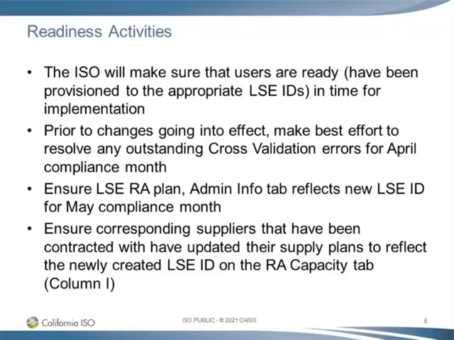And also to make sure that those corresponding suppliers that you have contracted with have also updated their supply plans to reflect those same new load serving entity IDs on their RA capacity tab. Making sure you have those items taken care of prior to implementation will ensure that things go smoothly for everyone.